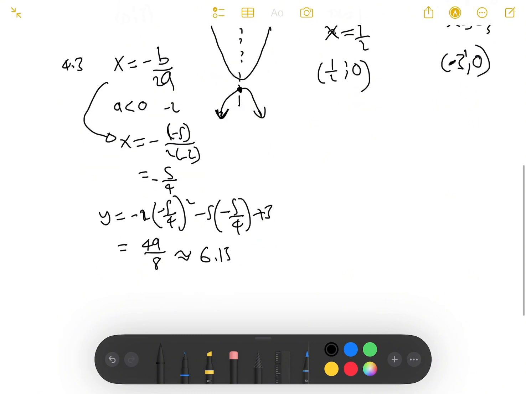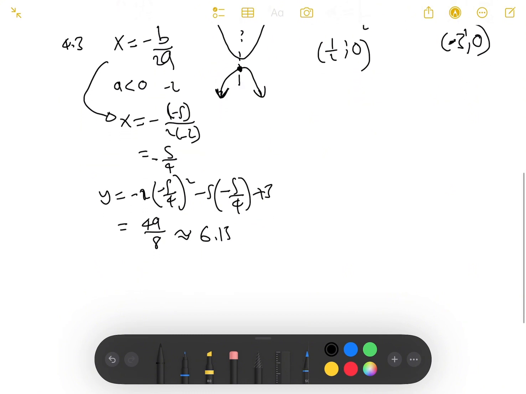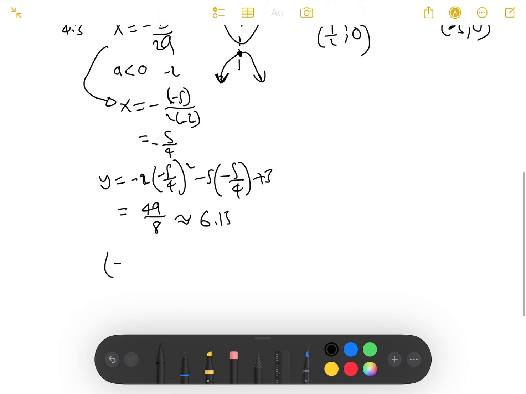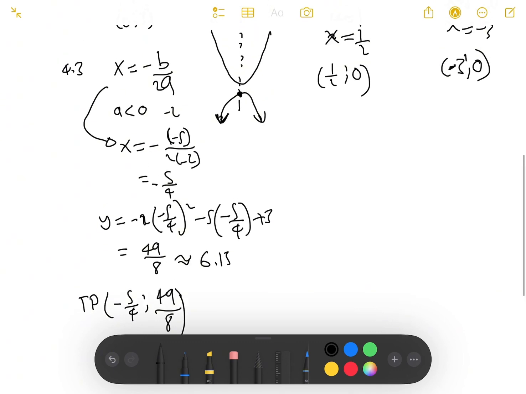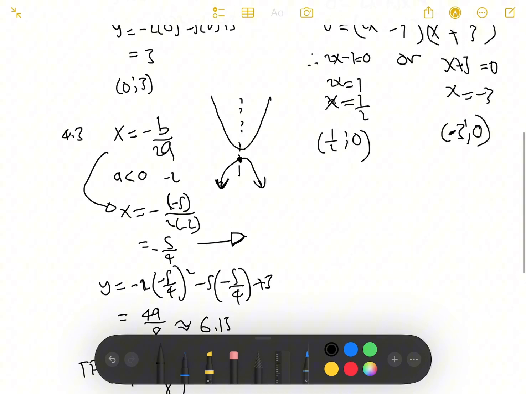Okay, and then from this we know that the coordinates of the turning point, we can call it TP, will be (negative 5 over 4, 49 over 8), right? Before we move on, let's note that for you to get this value, there's another method, since you already had your x-intercepts.